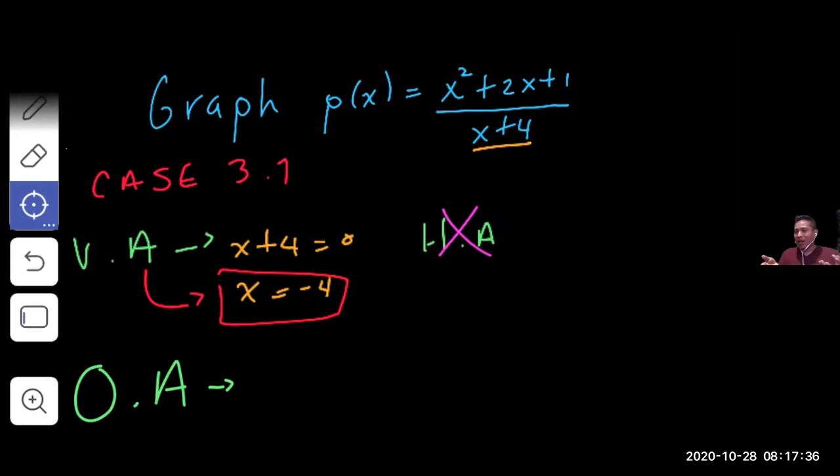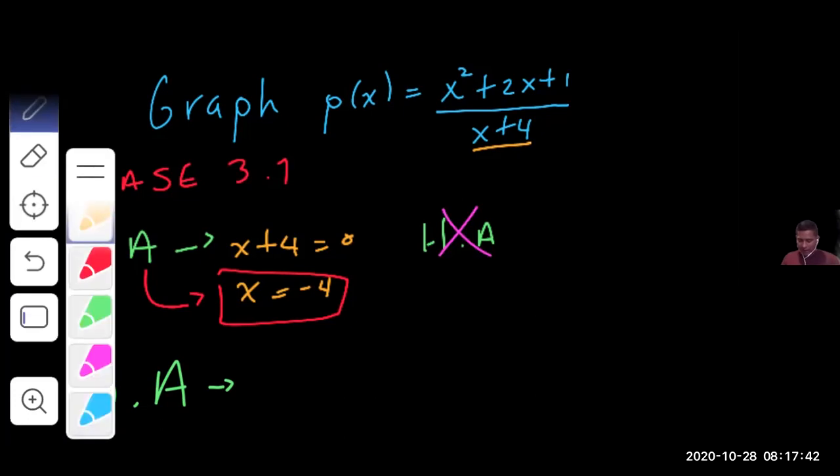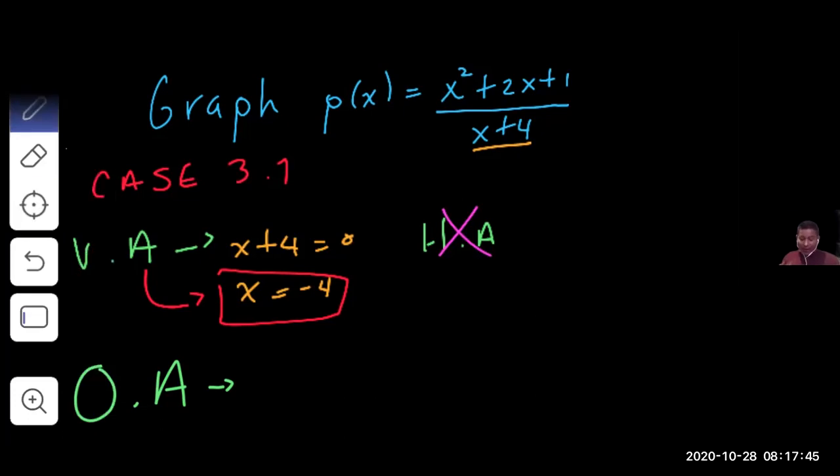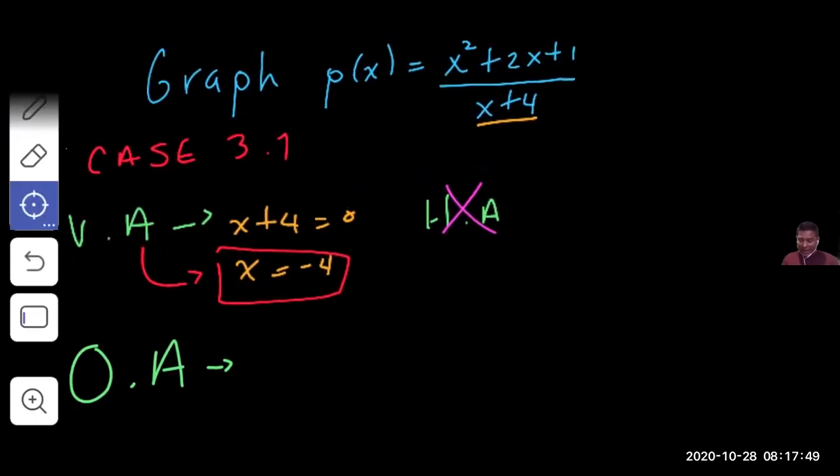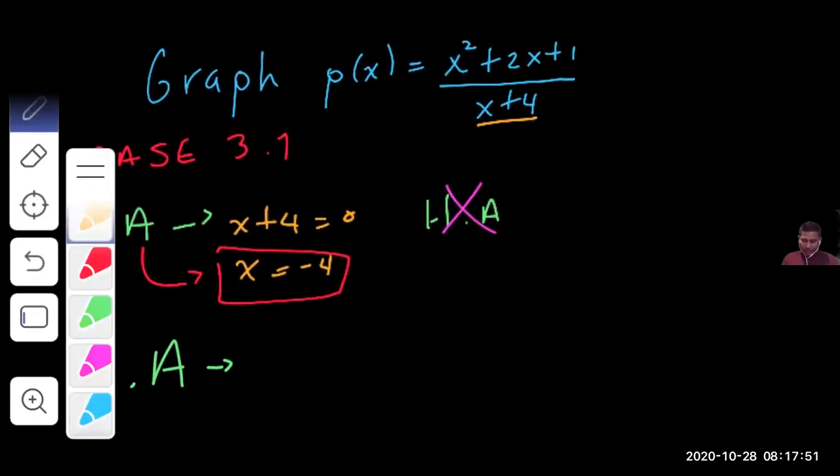We always try to factor, but in this case, even though we have a trinomial here, you will not be able to simplify. When you cannot simplify, what are you going to do, guys? You're going to divide using long division. You're going to divide x squared plus 2x plus 1 all over what?